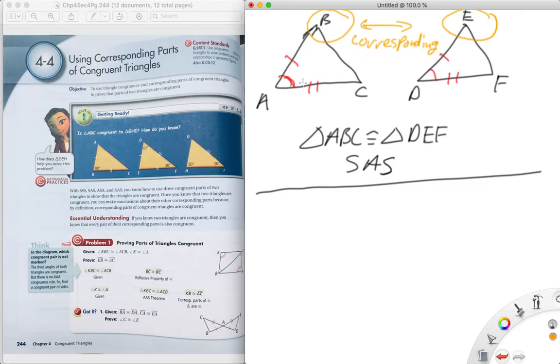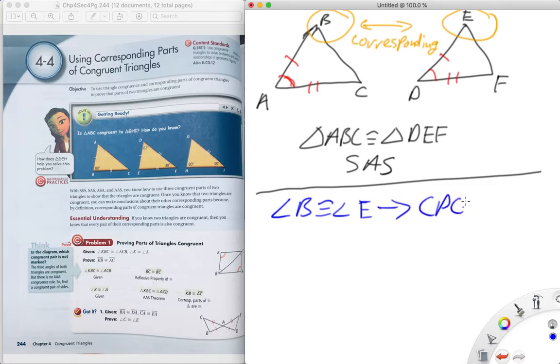So after I prove them congruent, I can say that any corresponding side or any corresponding angle is congruent. So I can say that angle B is congruent to angle E because of something called corresponding parts of congruent triangles are congruent.